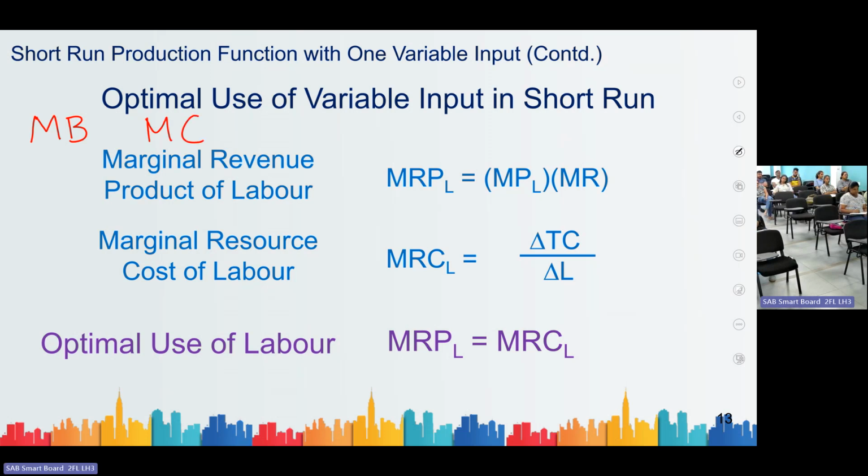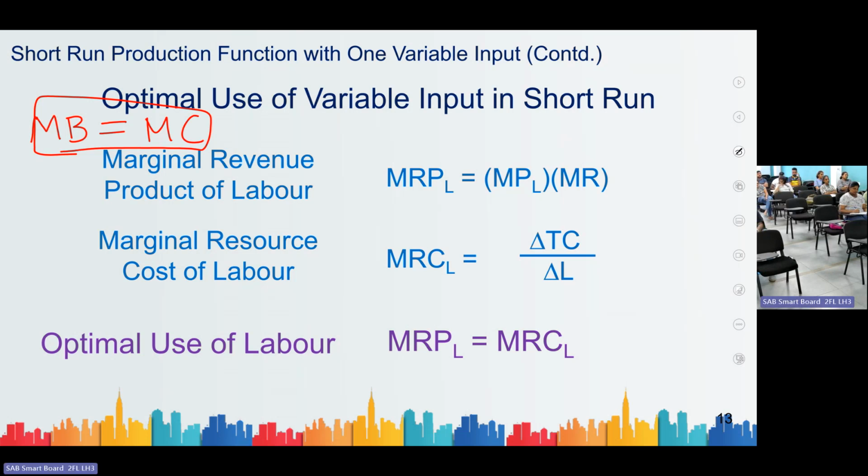The optimum decision will be made at a point where marginal benefit is equal to marginal cost. Marginal benefit means additional benefit. Marginal cost means additional cost.